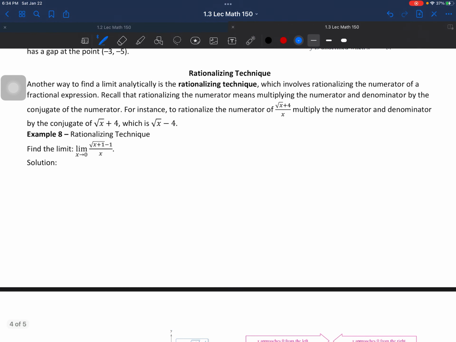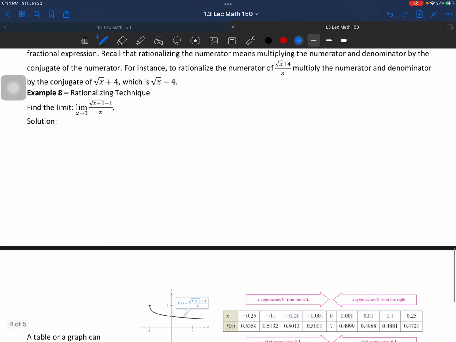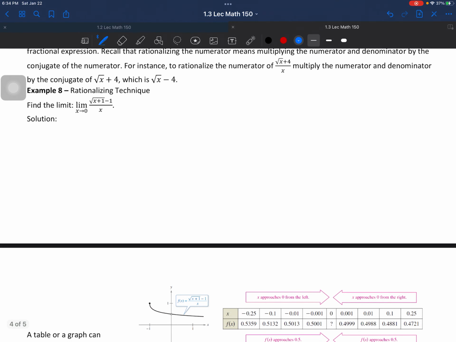So if we want to apply this limit, we would do the same thing, right? We would try direct substitution. And I can probably already recognize that this is not going to work. But again, right now, you are still trying to develop this skill, so you may have to actually do it.